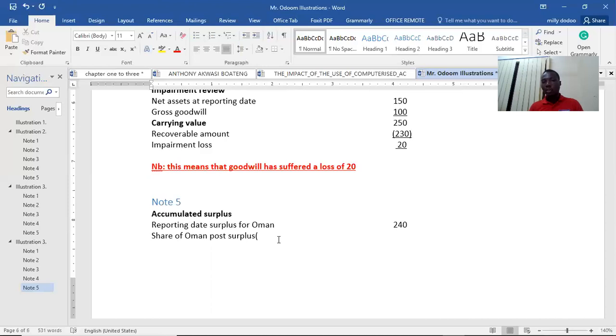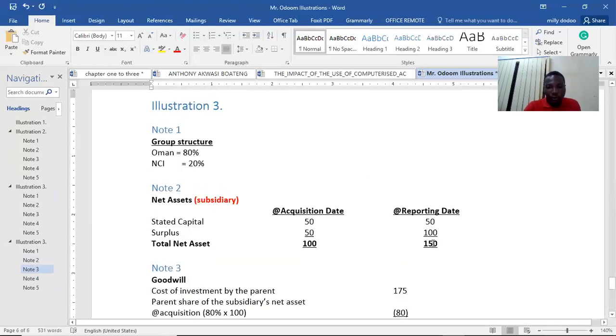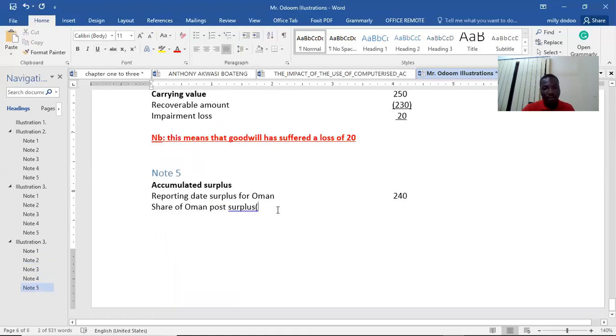The net asset here, 150 minus 100, gives you a post acquisition surplus of 50. Or when you look at the surpluses here, it was 50 at acquisition. At the reporting date, it is 100. It means that the acquirer has added 50. So after acquisition, 50 more has been added. You can look at it on its own merit here, or you can just pick the difference of the totals and you get the same thing.